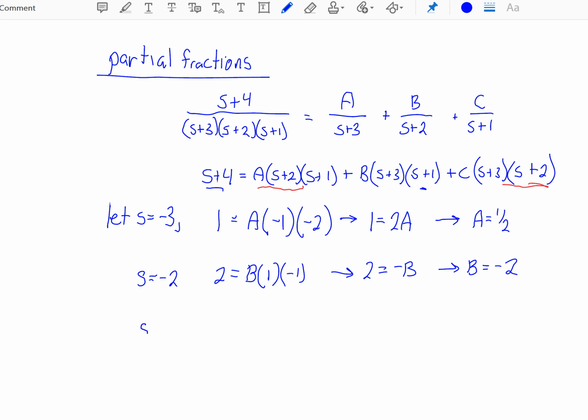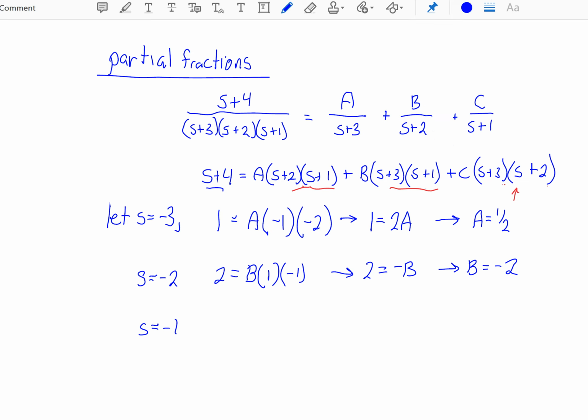Lastly, let's let s equal -1. Now notice that if s is negative 1, then on our right-hand side, this factor and hence this term goes to 0. This factor and hence this whole term goes to 0. And we're left with just our last term.